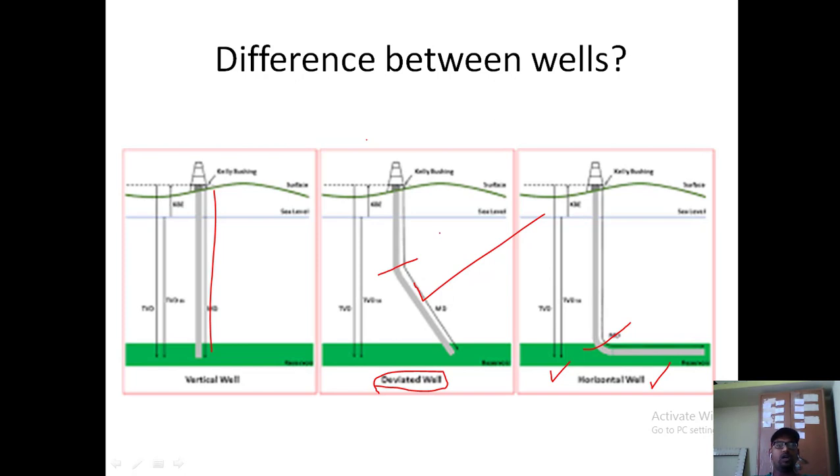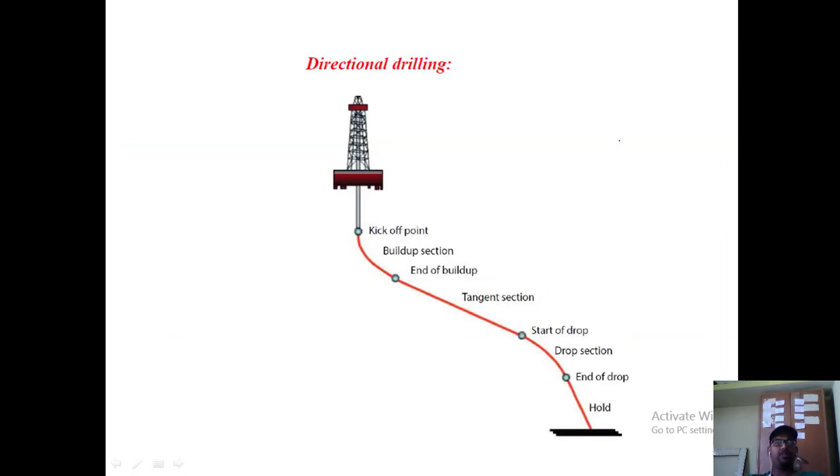Now we will proceed further. Whenever we discuss directional drilling, we have to understand these points before we go into it in detail. The first point is the kickoff point. Then we'll discuss the build-up section. The build-up section is the section we see here between these two blue points.